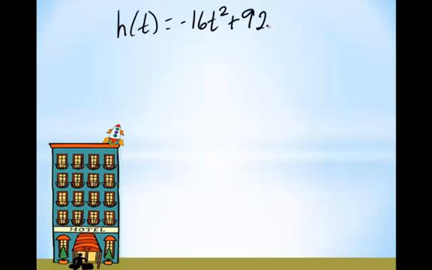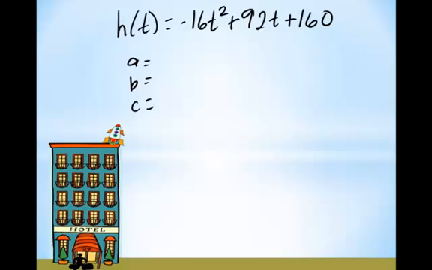In order to find our vertex, we need our original equation, which was h of t is equal to negative 16t squared plus 92t plus 160. The first thing we need to do is identify our values of a, b, and c.